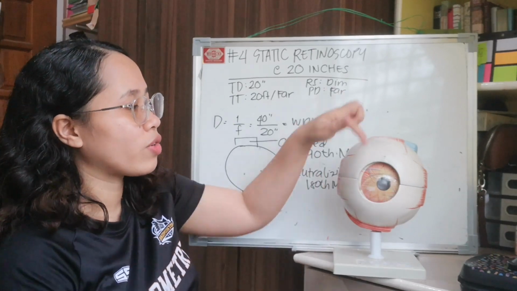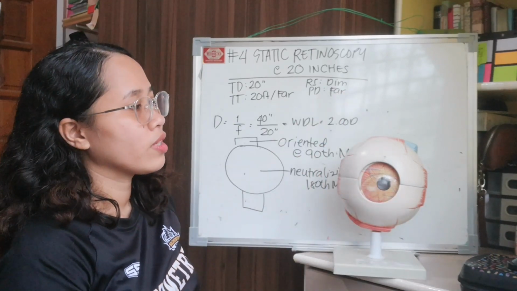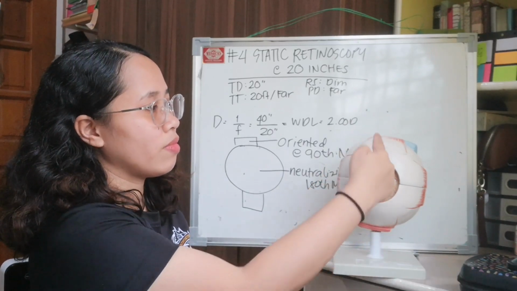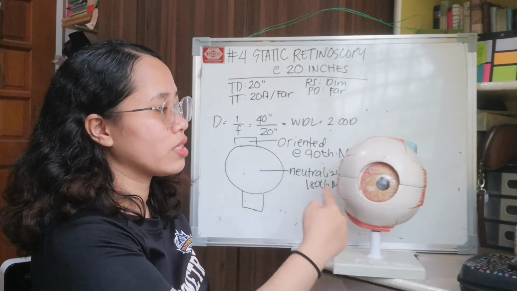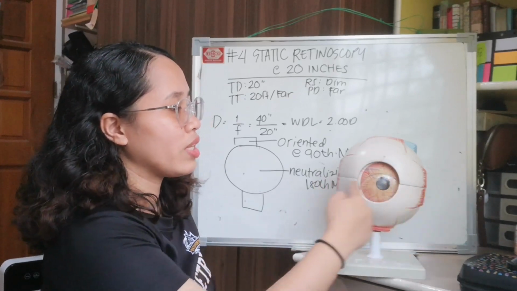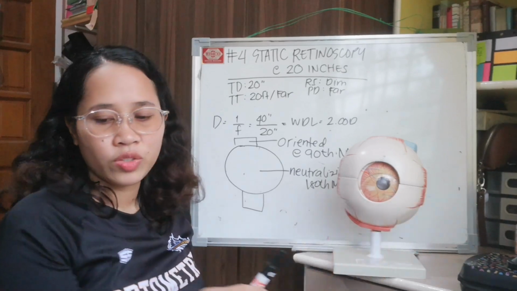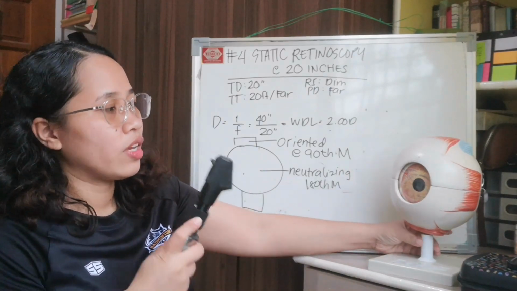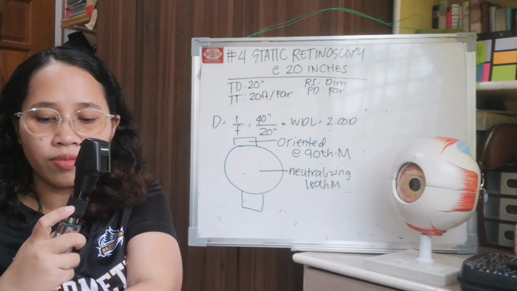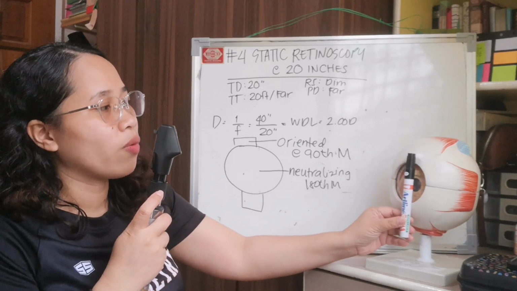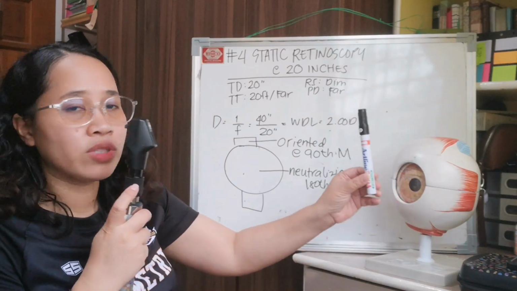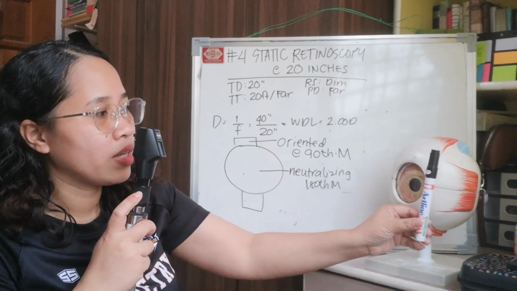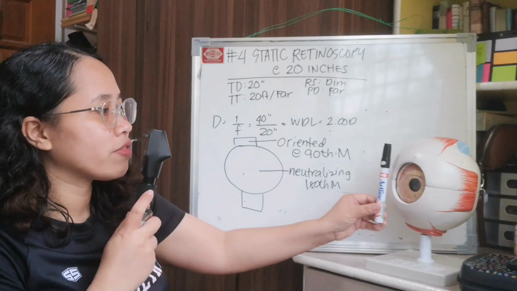So you can imagine a cross here: this is the 90th meridian, this is the 180th meridian. If you want to neutralize the 180th meridian, you position the streak in the 90th orientation, and then you sweep left and right, left and right.